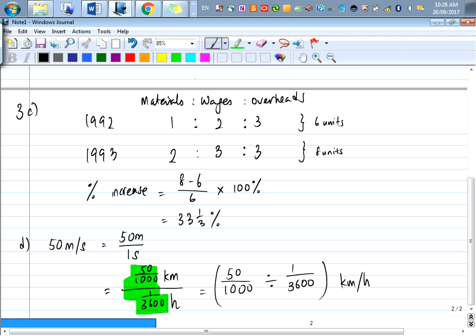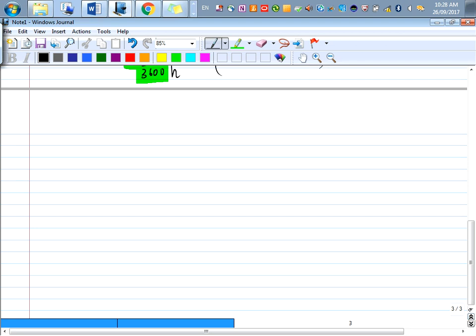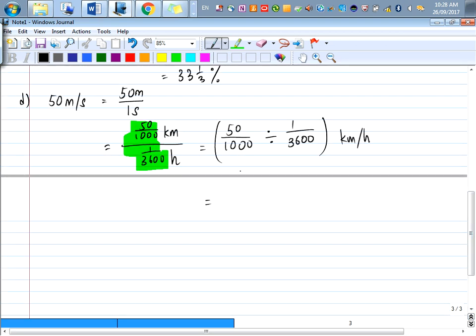I'm sure you can do this, right? This will give me 50 times 3600 divided by 1000 kilometers per hour. And you should get 180 kilometers per hour.